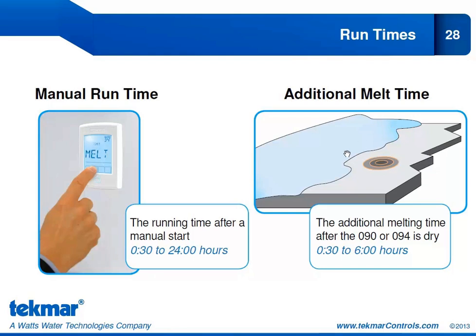However, there is still some snow on the slab. So to avoid stopping the melt cycle when there is still that snow remaining somewhere on the slab, what we can do is configure an additional melt time. So the length of time the melt cycle will continue to run after the sensor is dry. And here our configuration lasts from 30 minutes to 6 hours.